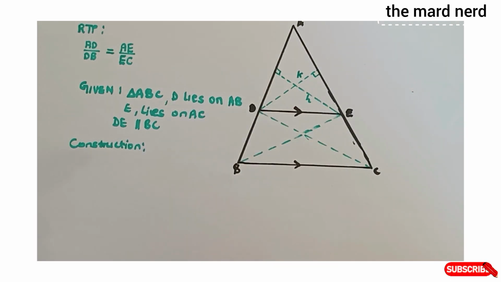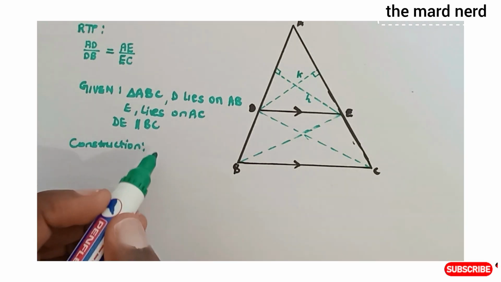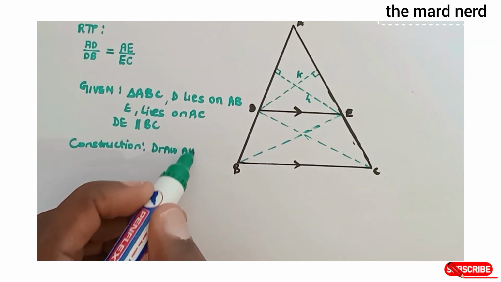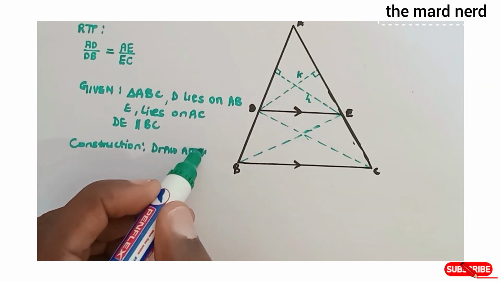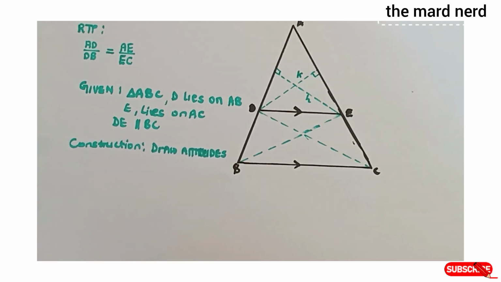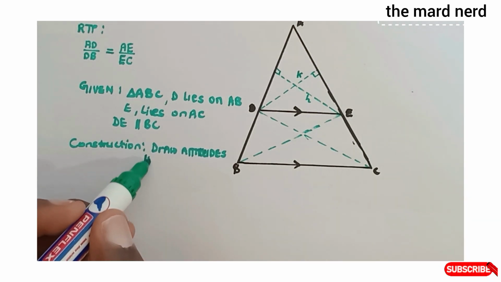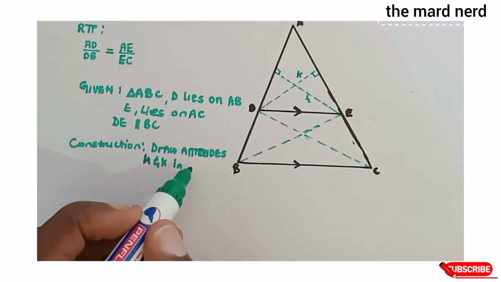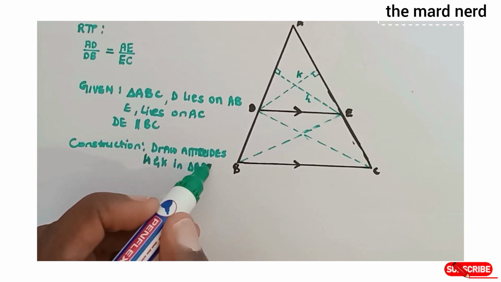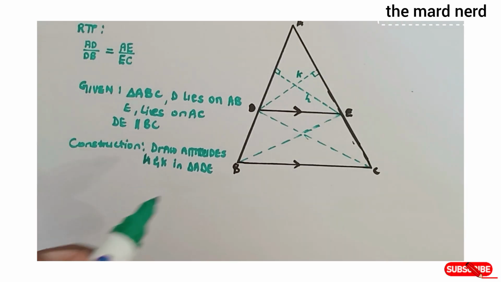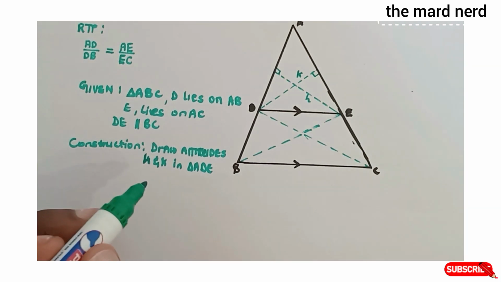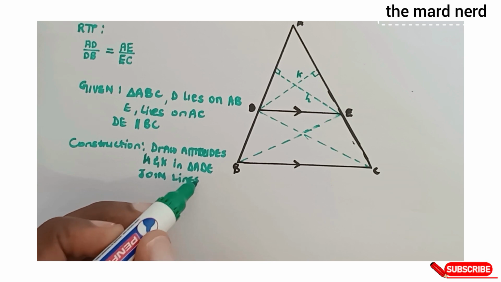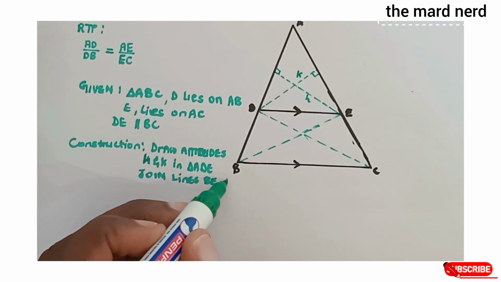Draw altitude H and K in triangle ADE, and then we join the lines BE and DC.